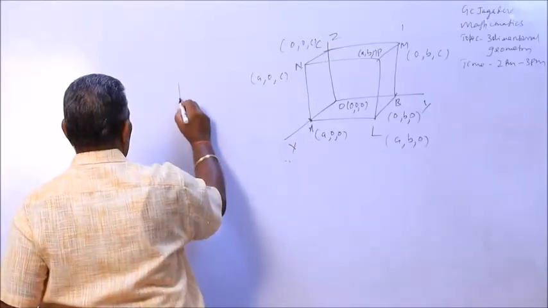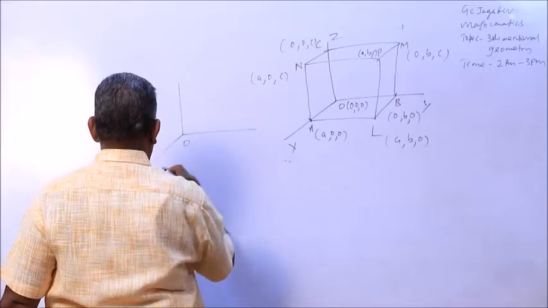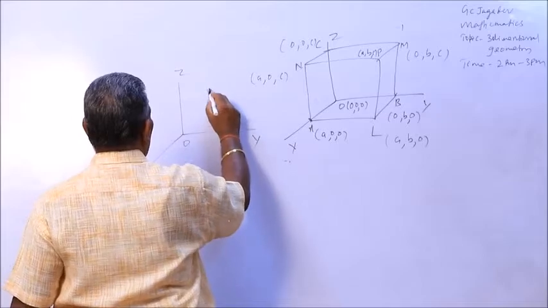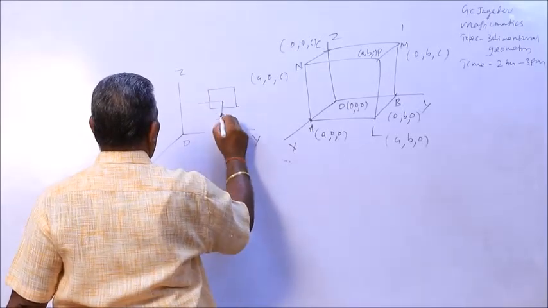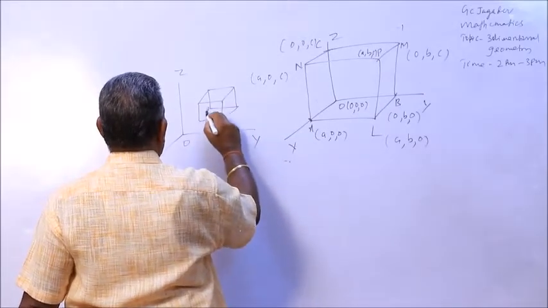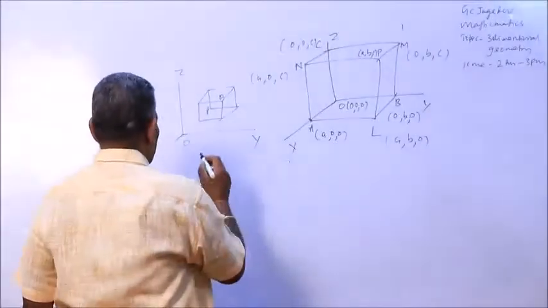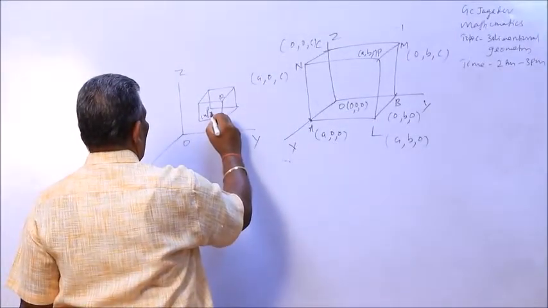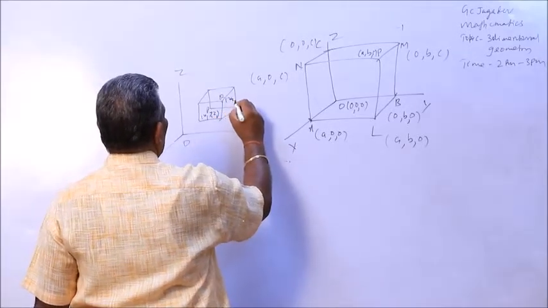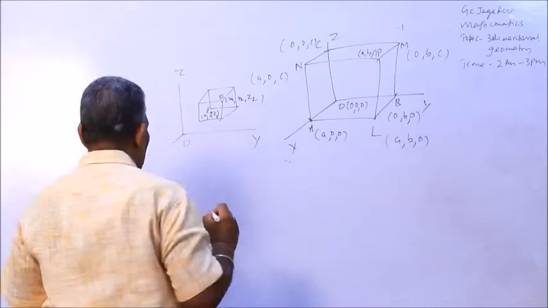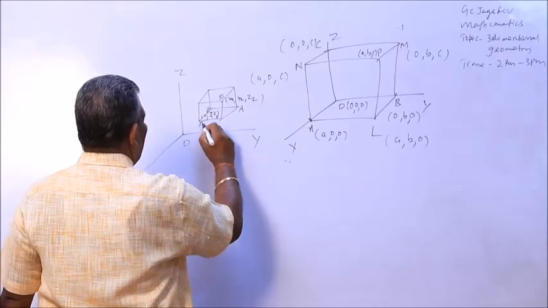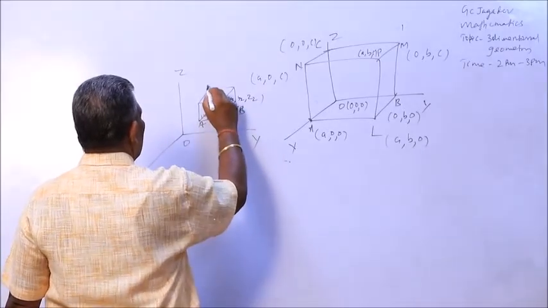If P has coordinates x1, y1, z1 and Q has coordinates x2, y2, z2, then consider PA, PB, PC.